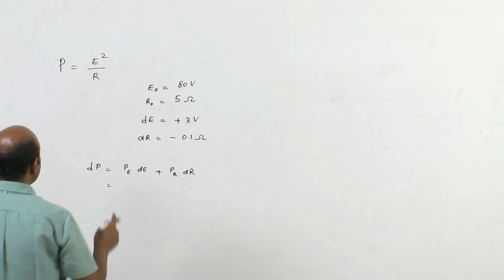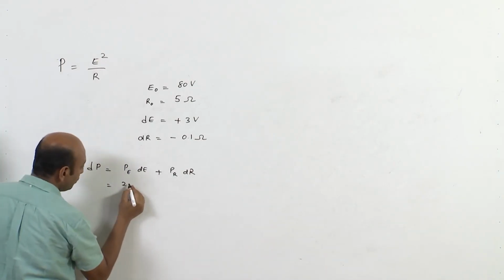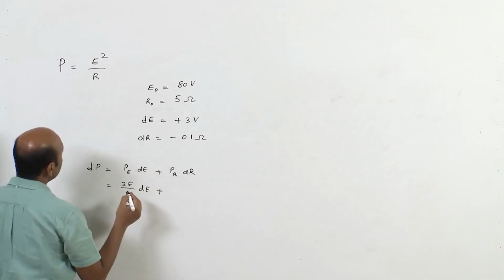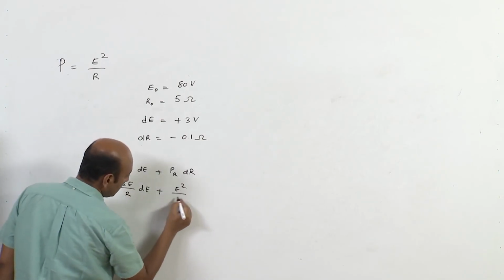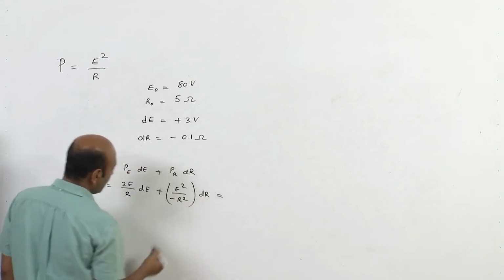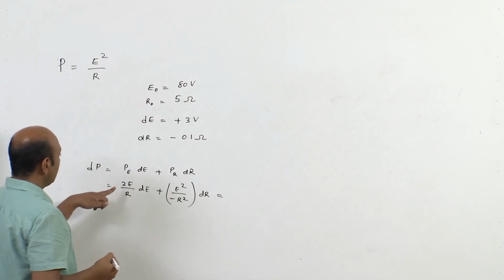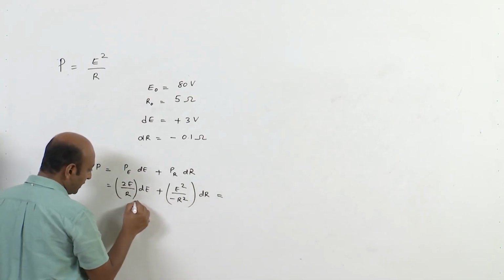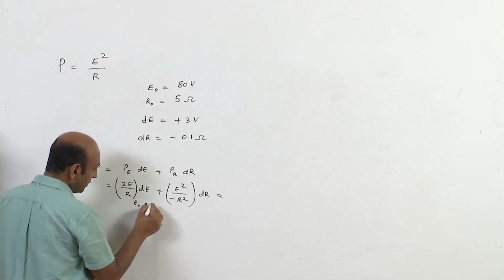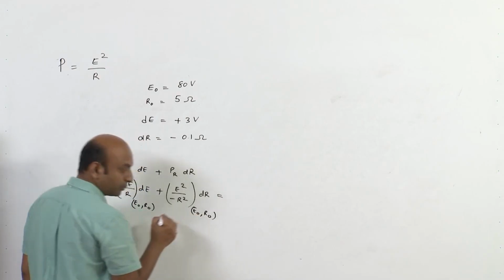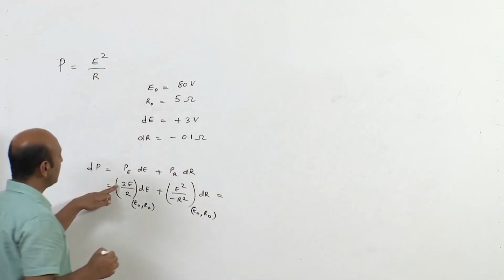So, when you differentiate with respect to E and R, it will be 2E upon R into dE plus it is E square upon minus R square into dR. Now, we have to find this value at E naught, R naught. Okay. Now, what is E naught? E naught is 80.